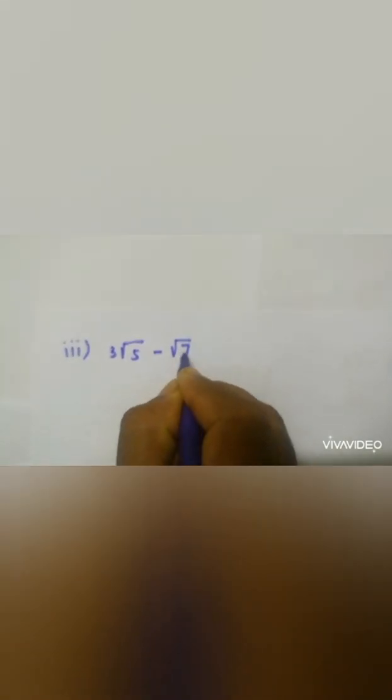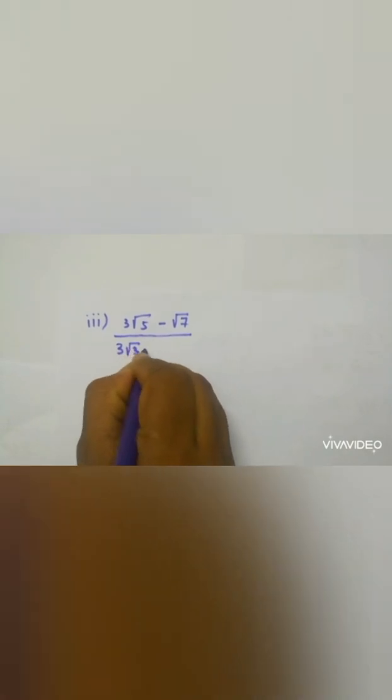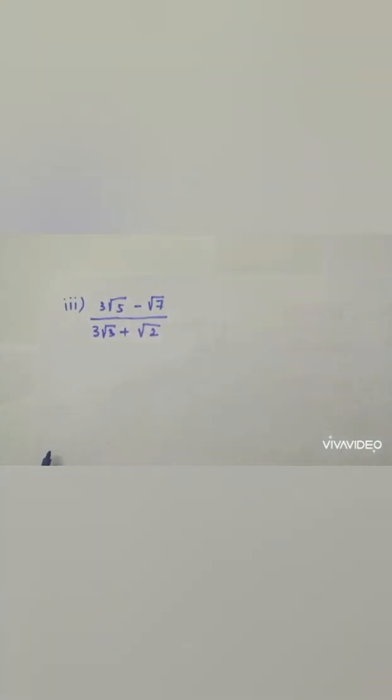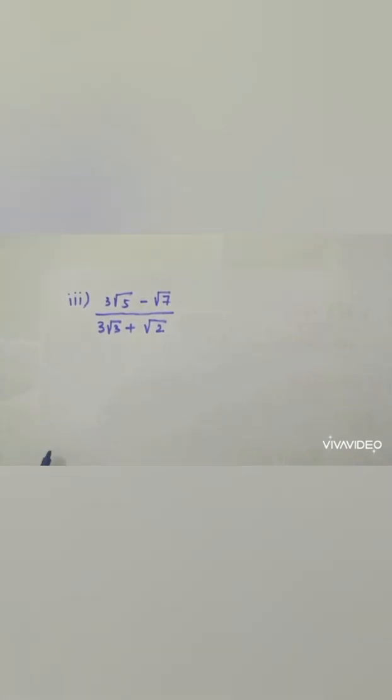Let us solve another example. Example 3. Here 3 root 5 minus root 7 by 3 root 3 plus root 2. So, for this sum, the rationalizing factor of 3 root 3 plus root 2 is 3 root 3 minus root 2.